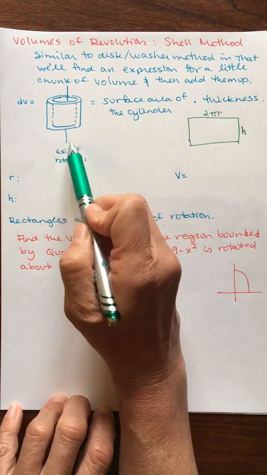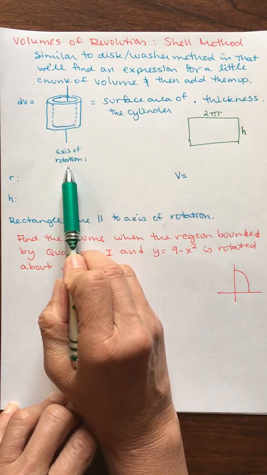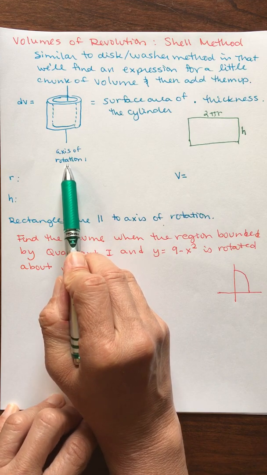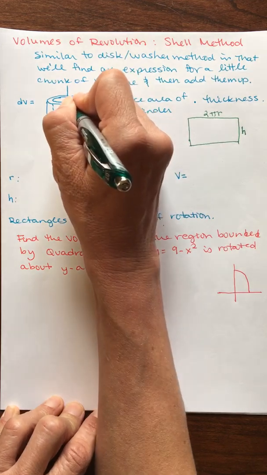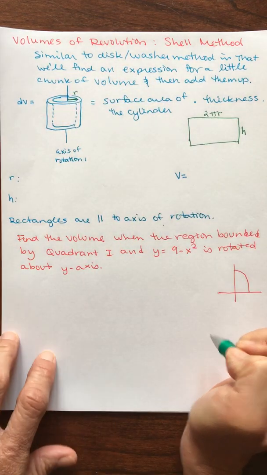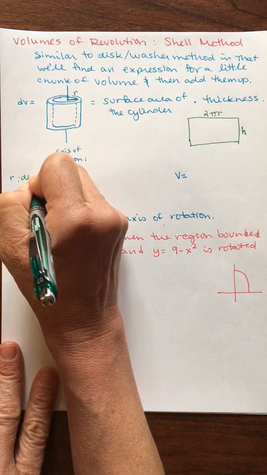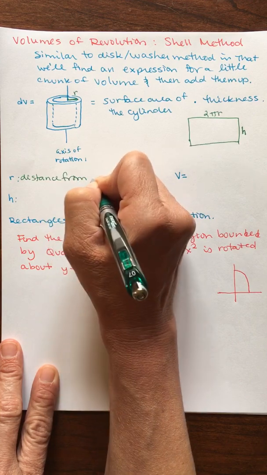I want to take a look real quick at my picture. Notice I've drawn in an axis of rotation. When we're doing our volumes of revolution, we're rotating around an axis. And that r that we're finding is the distance from the axis of rotation.